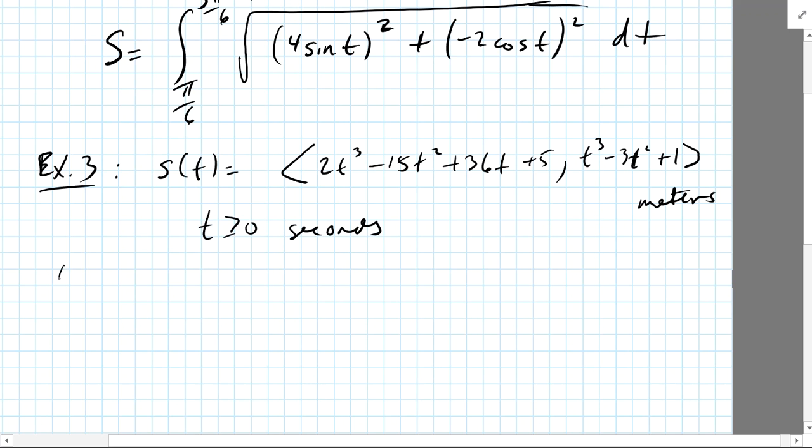The question is, for A, when is the particle at rest? Can we bring back all the questions I've ever asked for one-dimensional motion, and you can do it in two dimensions with vectors? Okay, when is the particle at rest? It is at rest when what is 0?